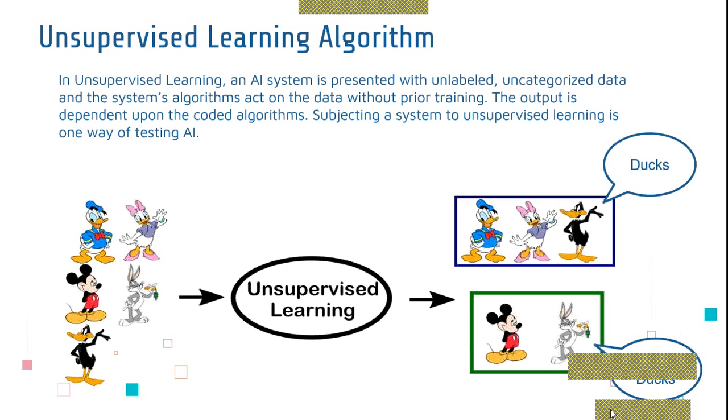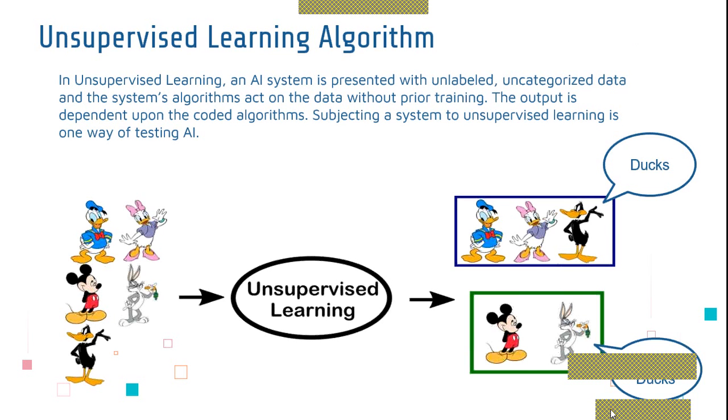What is unsupervised learning? You are giving some data to unsupervised learning, and as the output you are getting some classes or groups, where each group has some similarity in its characteristics. So we label it with a name.